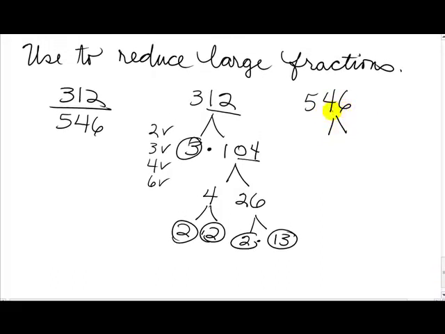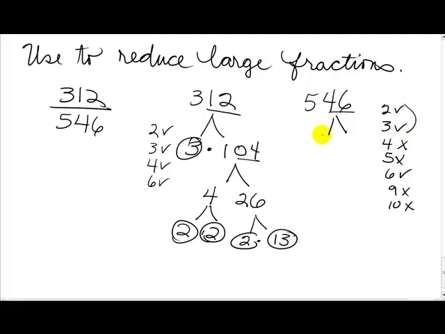546. Let's see. I can do the 2's. 3. That's 10, 15. Could do 3. 4 will go into 46? No. 5, no. 6, yes, because these two are a yes. 9, no. 10, no. So I could start with 6 again, or with the 2 or the 3.